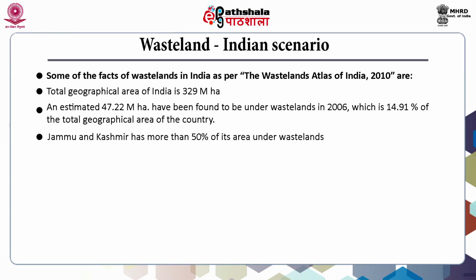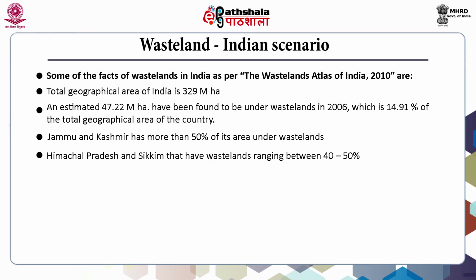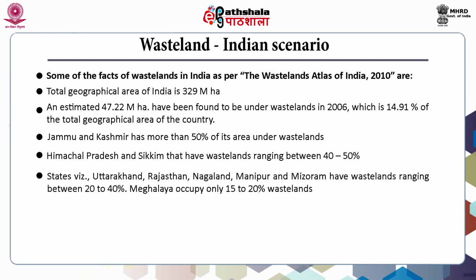Jammu and Kashmir has more than 50% of its area under wastelands. Himachal Pradesh and Sikkim have wastelands ranging between 40 to 50%. States like Uttarakhand, Rajasthan, Nagaland, Manipur and Mizoram have wastelands ranging between 20 to 40%.